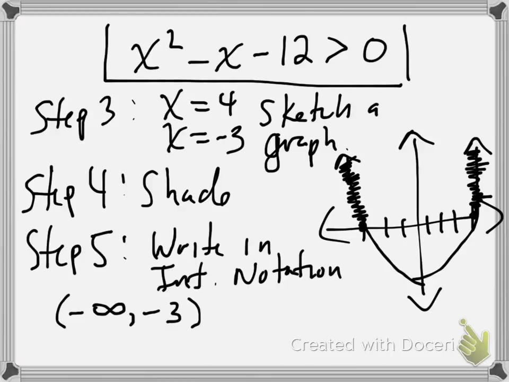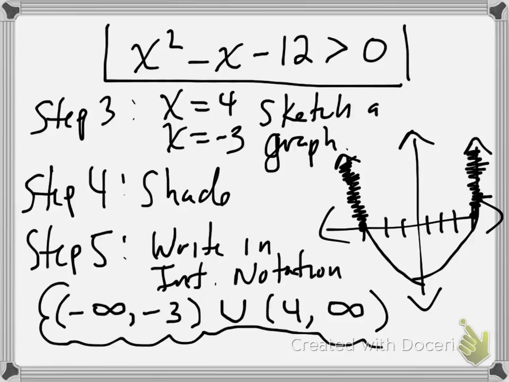So we could have a solution in that interval, or we can have a solution in the interval from 4 to positive infinity. I'm going to circle this, and this is my answer. That is my solution set to the quadratic inequality above.